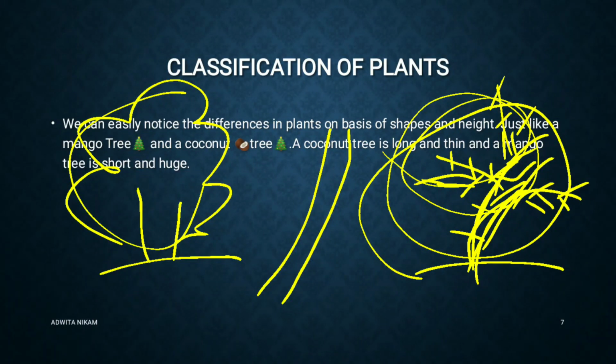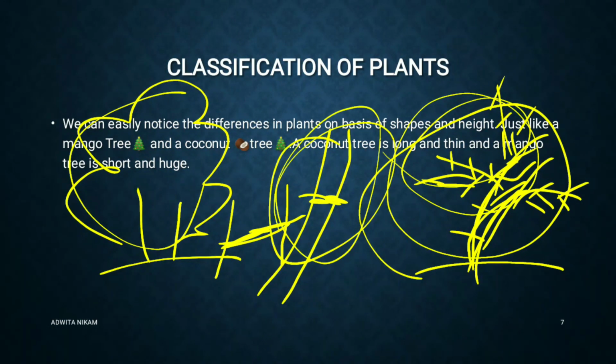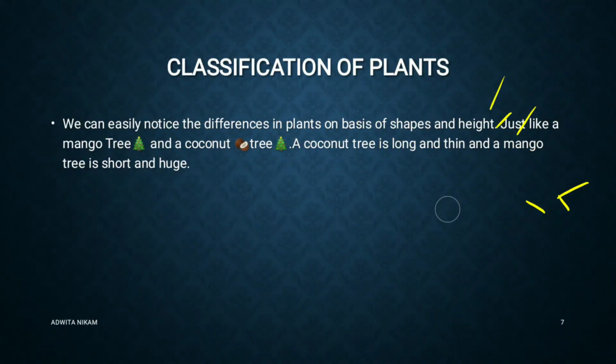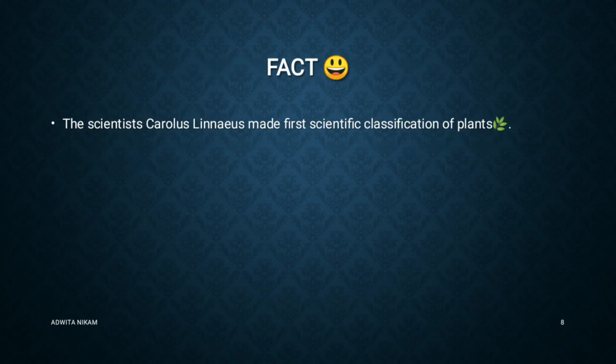And when we see a mango tree, its width is much longer than this one. This is how we classify plants.